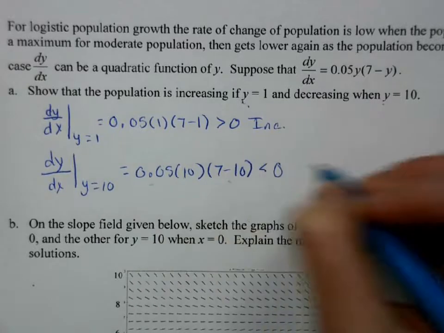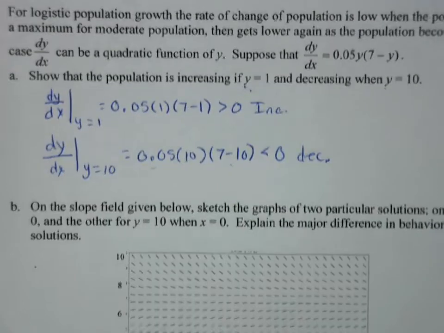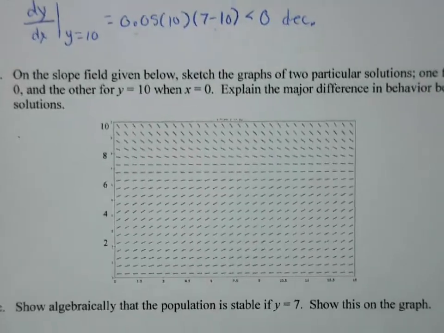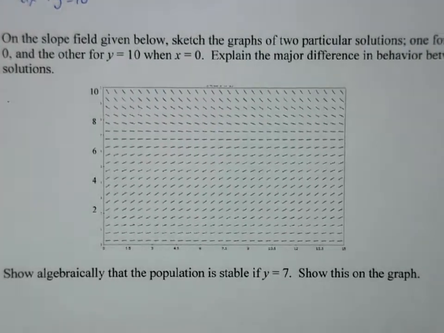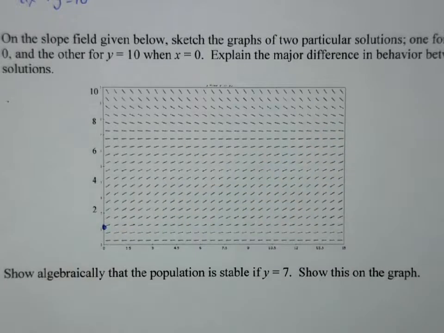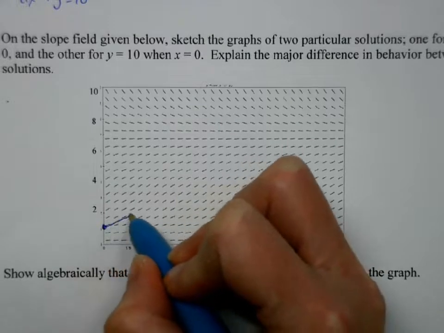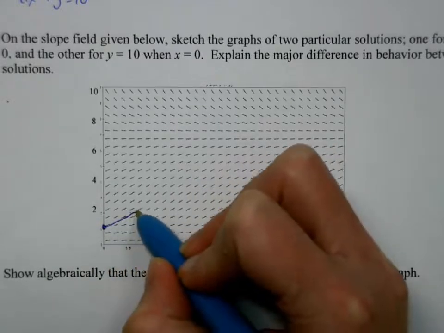Okay, on the slope field below, sketch the graphs of the particular solutions for when y is 1 and for y is 10 and x is 0. So here, when y is 1, we're starting at this point, and you're just matching the slopes at the point. Your graph should run parallel to what's happening.